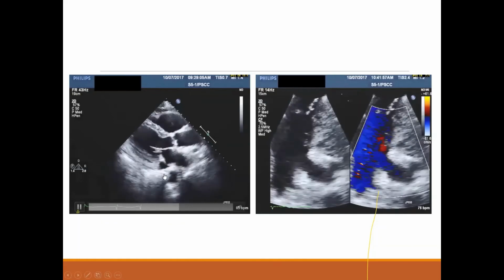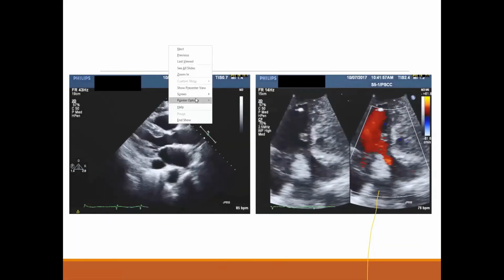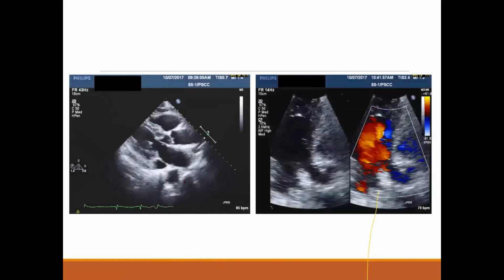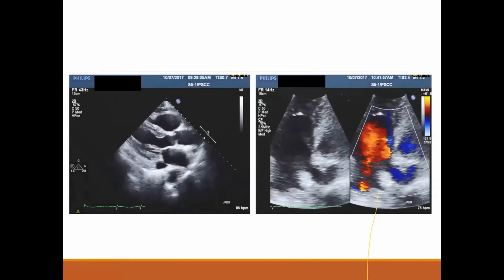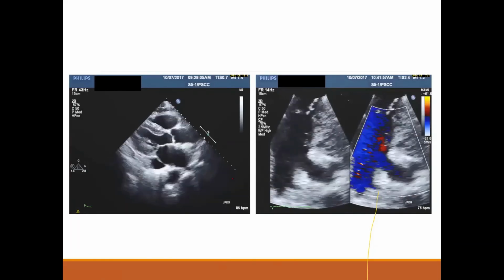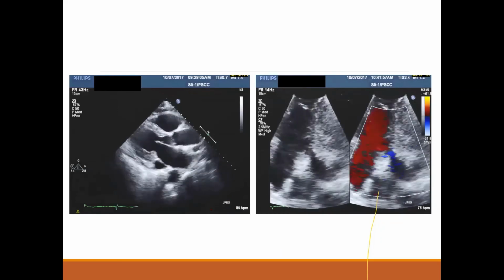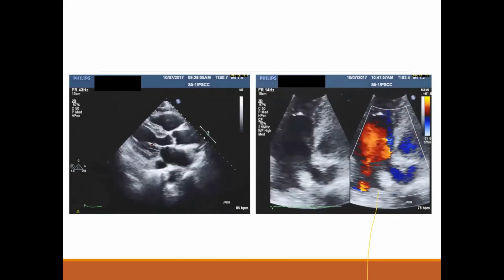The most striking abnormality is left ventricle and septal hypertrophy. And what else? And the anterior leaflet of the mitral is touching or obstructing the outflow.